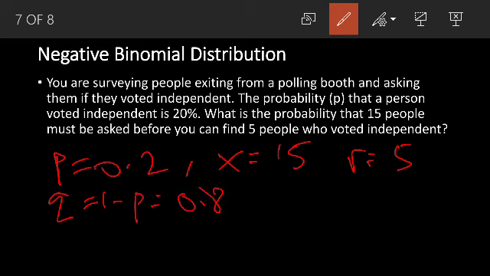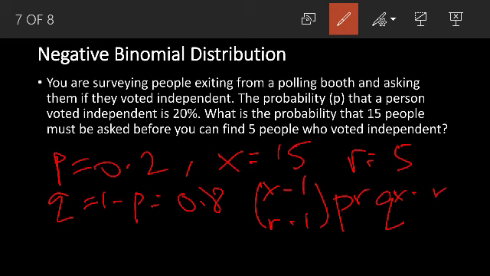Okay, so according to the formula, we are going to have x minus 1 combination r minus 1, then p raised to power r, then q raised to power x minus r.